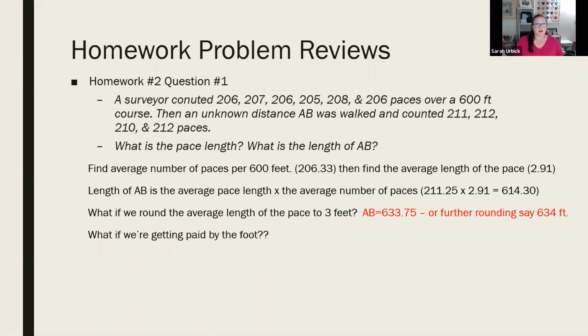If we go out, and that's great because we're going to get overpaid unless it is a contract, a state contract, a civil contract, a public works contract with the city, with the county, with the state, with the federal government. If we turn in a record that says, oh no, it was 634 feet, when really it was 614, it doesn't matter if that 20 feet we get paid at a penny per foot or $100,000 per foot.